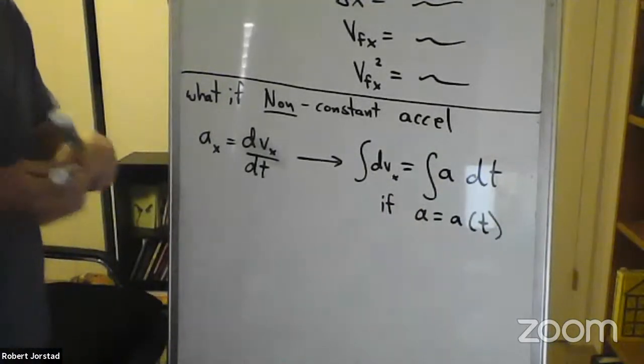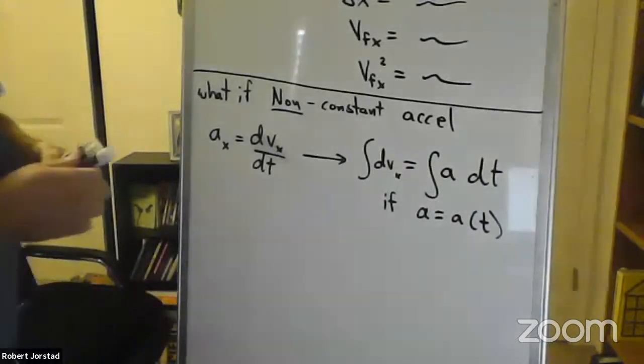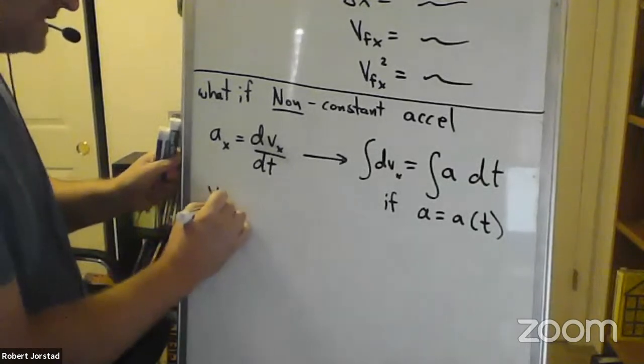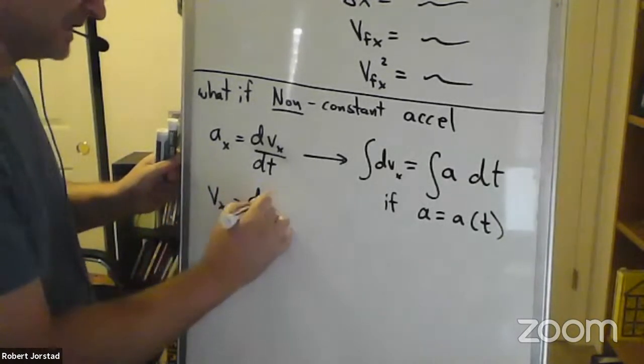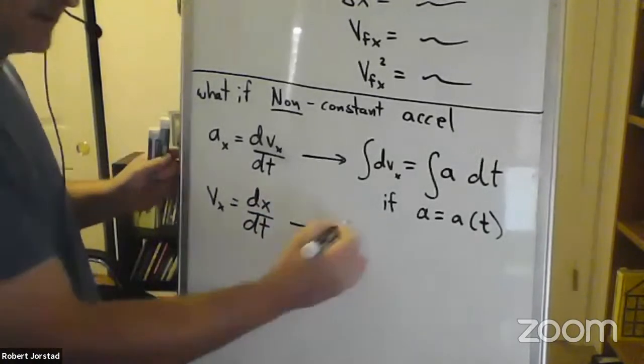All right. Gosh, glare. There we go. The next step would be velocity in the x direction is dx dt. So what would be the equivalent phrase here?